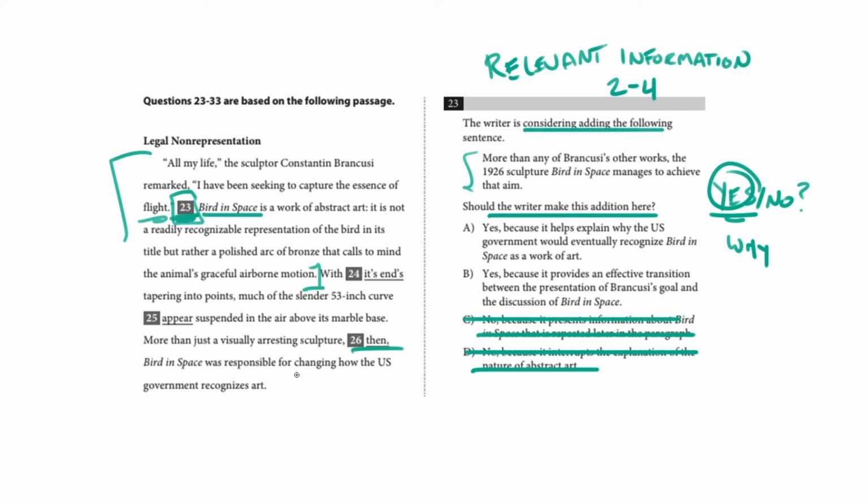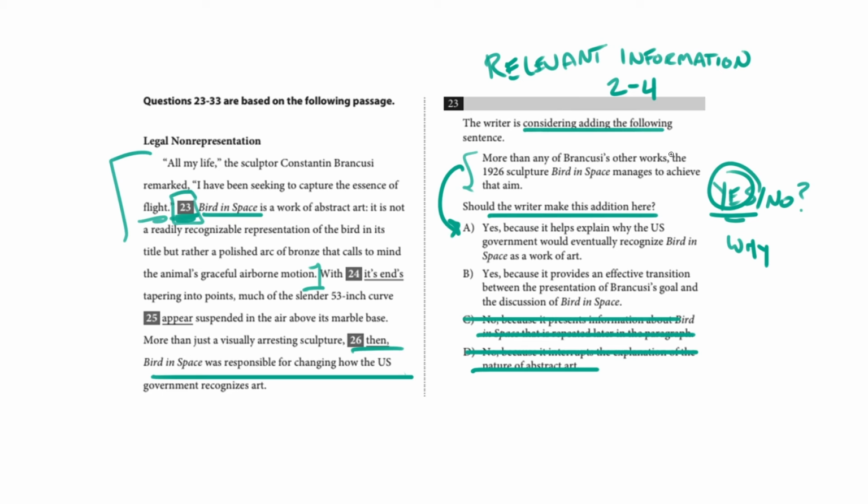You can see at the very end of this paragraph, which is just part of a longer passage that I've excerpted, it says, "More than just a visually arresting sculpture, Bird in Space was responsible for changing how the US government recognizes art." That may be part of the same paragraph, but it's not part of the immediate context of where the sentence is supposed to go. And at any rate, I don't think that's what this sentence does.